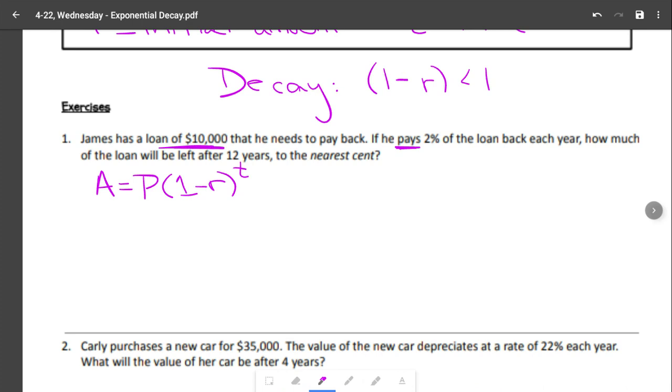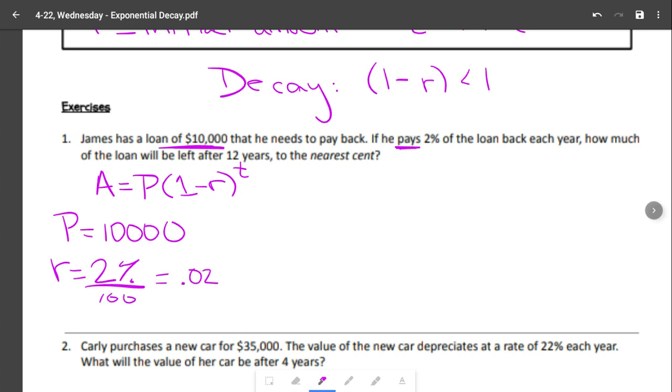So he has this loan of $10,000. That is the initial amount of the loan. Our R is 2%. And again, just like with growth, we're going to divide it by 100 and make it 0.02. And our time here is 12.